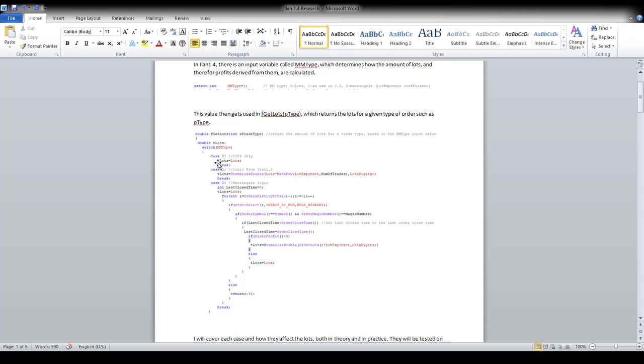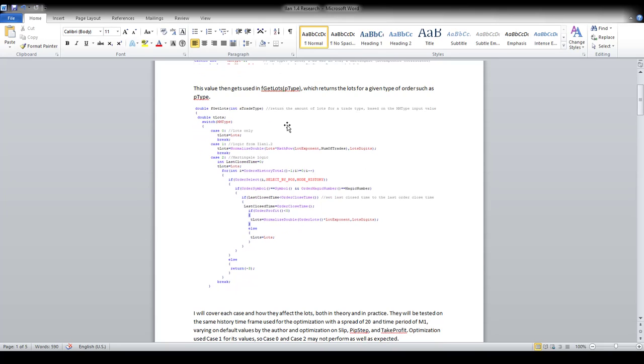Now in case 0, like I said before, it's just a direct lots translation. T lots becomes lots. Oh, on a side note, you will not see the return which is T lots because there are some error handling cases here just in case something else goes wrong, but it does not actually affect this logic.